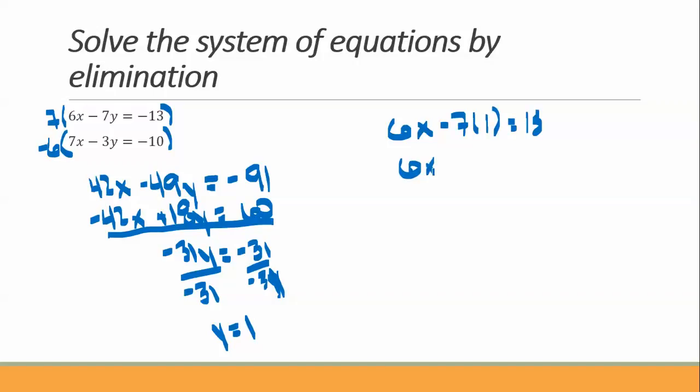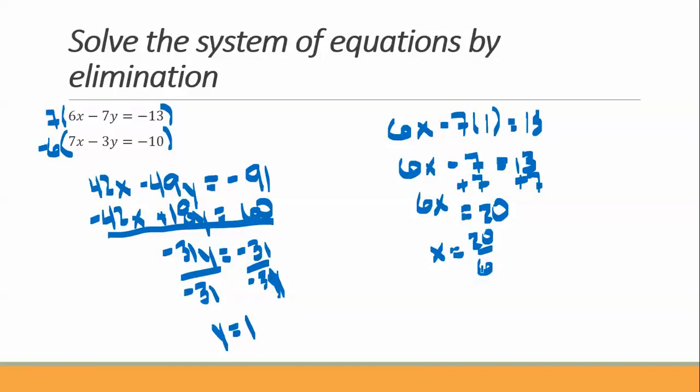So 6x minus 7 equals 13. So 6x, we're going to add 7 to both sides. 6x equals 20, so x equals 20 over 6 when we divide by 6 on both sides.